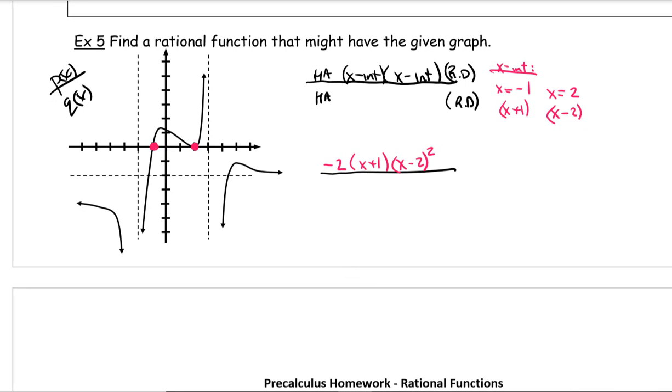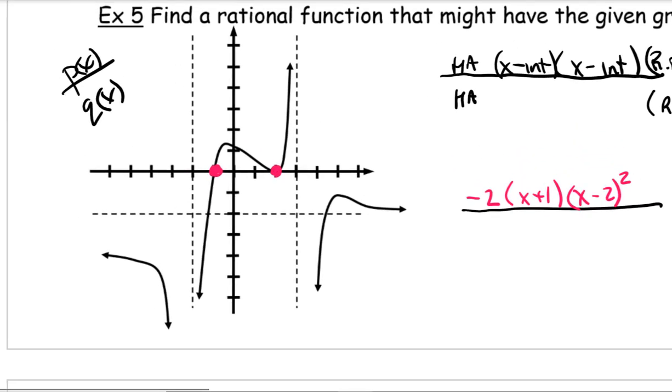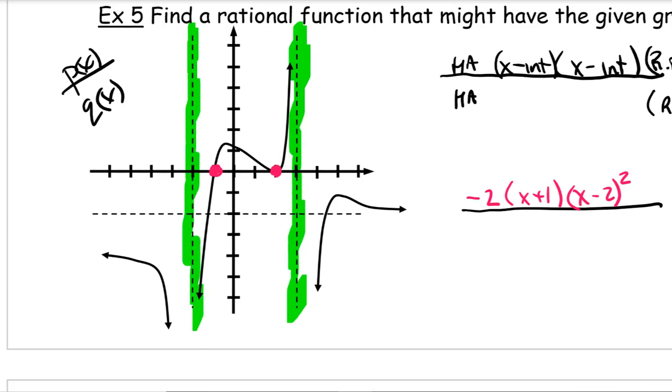So let's get after the denominator. Now for the denominator, we're going to look for our vertical asymptotes. Any vertical asymptotes will go in the denominator. And for the vertical asymptotes, we're also going to have to analyze the end behavior.